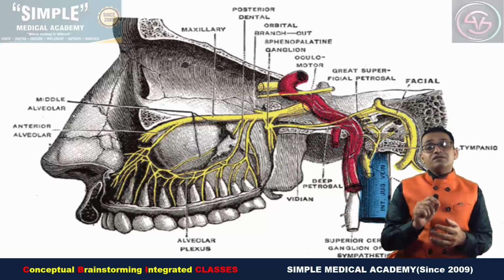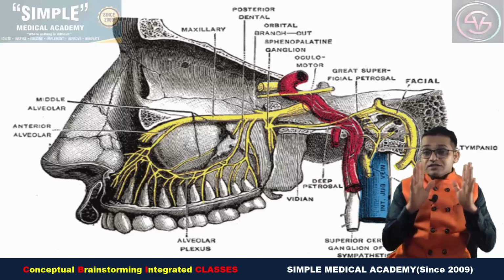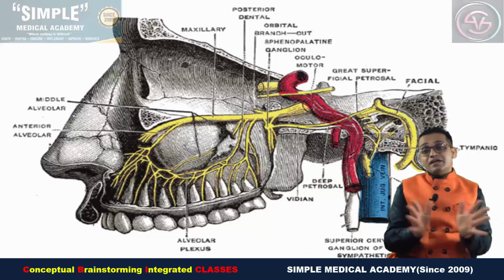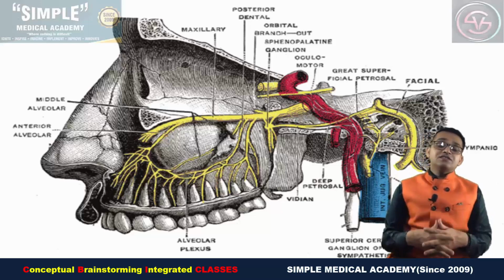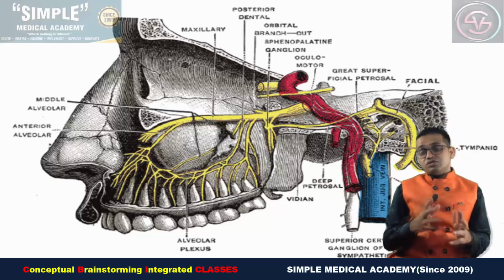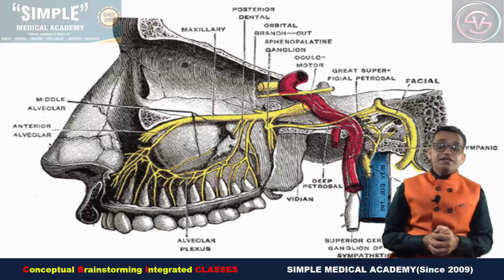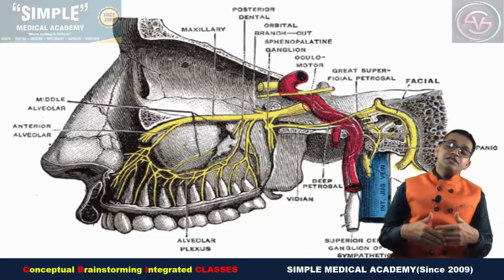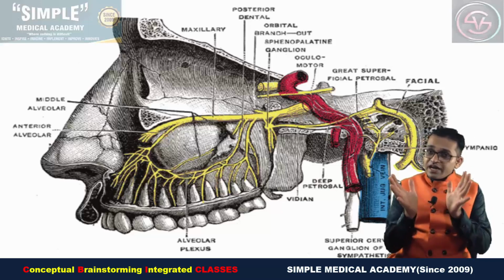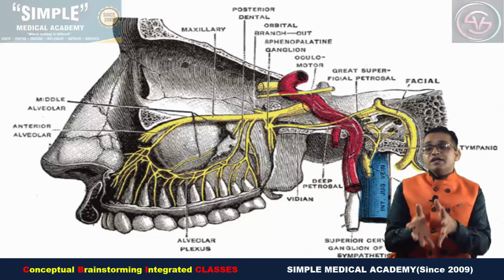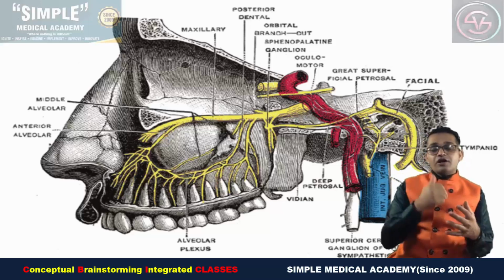So when we cut the Vidian's nerve, all this secretion will be inhibited. There is no secretion, and this is the treatment of the allergy. This procedure is known as Vidian's neurectomy. Better you study it in detail in the surgery part, but this is the anatomy correlation of that neurosurgery and ENT topic.